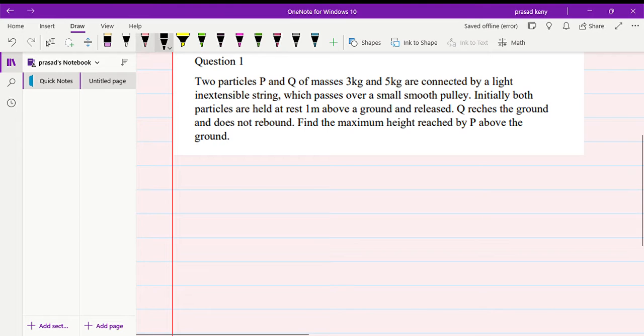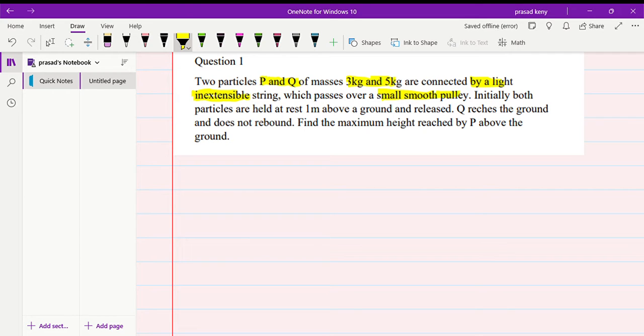So let us first read this problem carefully. Now here, two particles P and Q of masses 3 kg and 5 kg are connected by a light inextensible string which passes over a small smooth pulley.